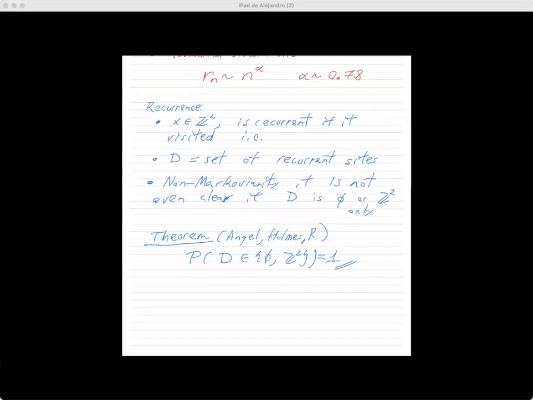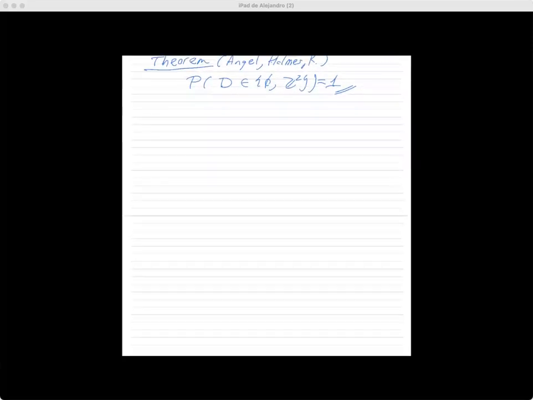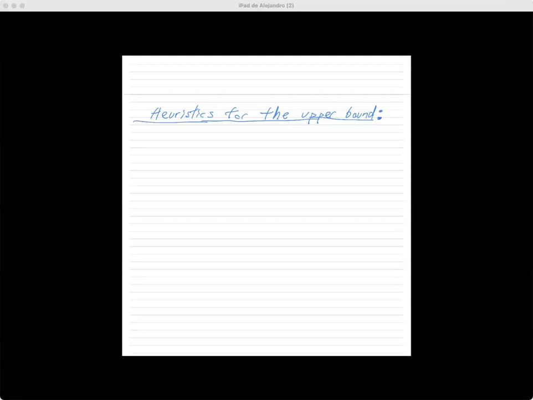I'm going to give a very brief explanation about one of the proofs. Actually, I will talk a little bit, I don't have more time, but 3 minutes only about the upper bound.